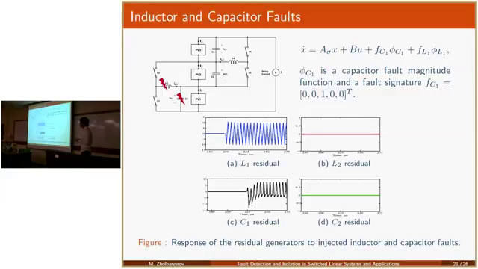So in this example, we were able to isolate inductor and capacitor faults using our fault detection filter. These two examples are very simple. We can make more complicated faults, and it's fine as long as we can describe them in terms of the fault disturbance in our state space model equations.